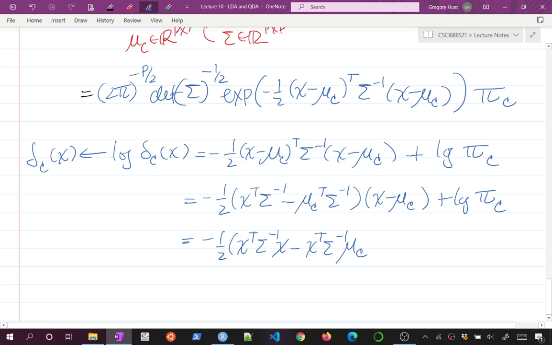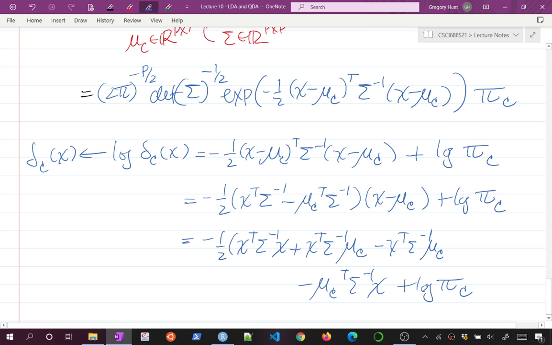And then my cross product terms are minus x transpose sigma inverse mu c. What's the other cross product term? Minus mu c transpose sigma inverse x. And this term would be a positive, because I would have a negative and a negative. Let's not mess that up. Doing algebra, especially linear algebra on the fly, is always dangerous. And of course, I get my log of pi c.